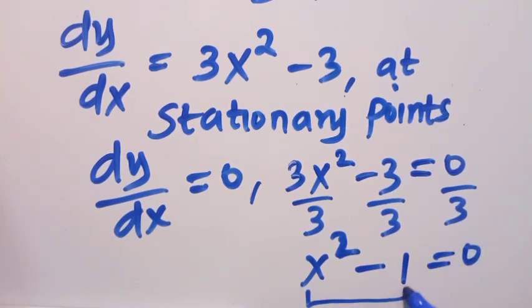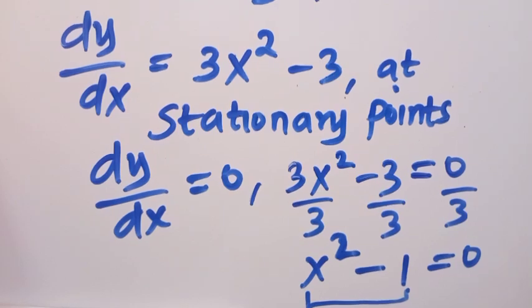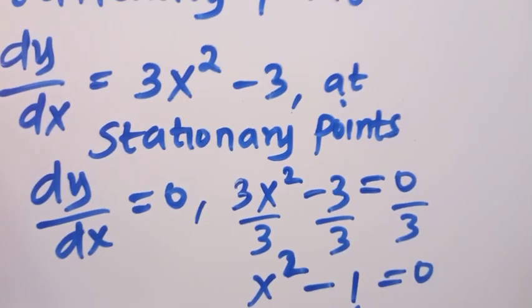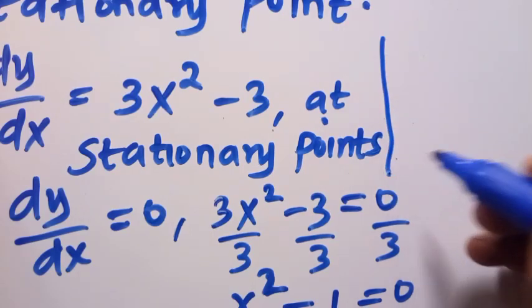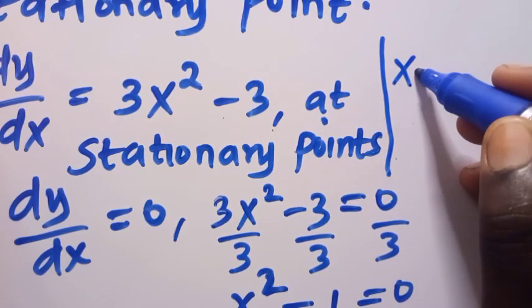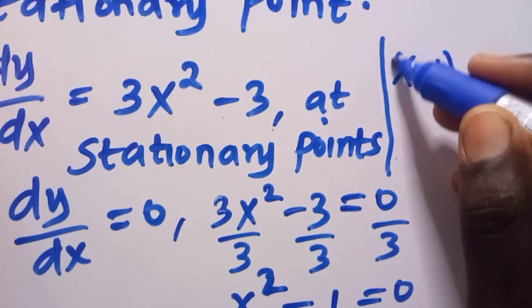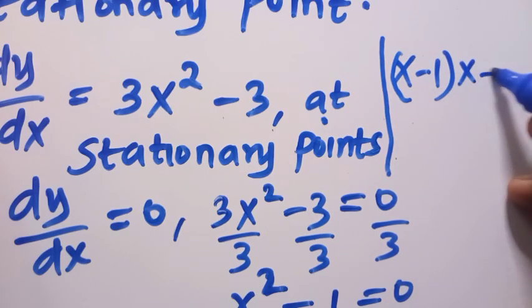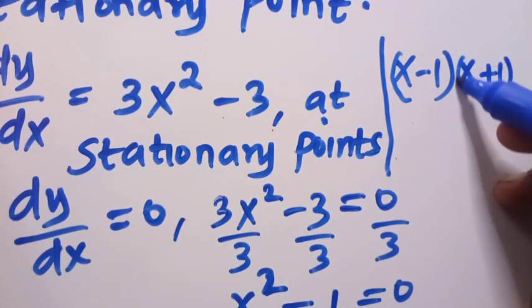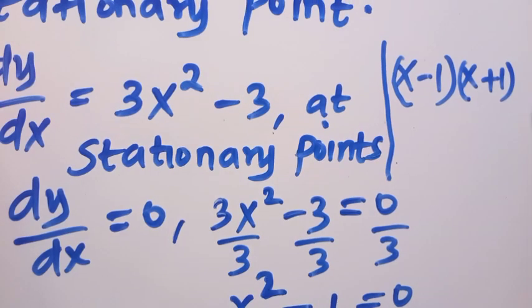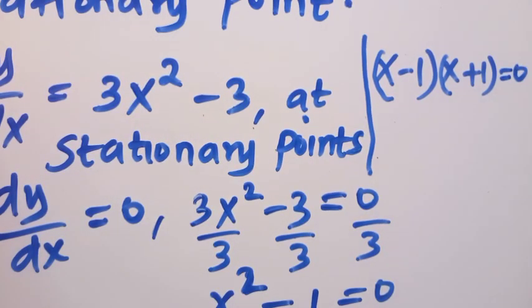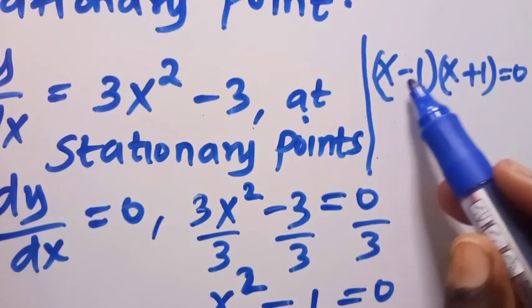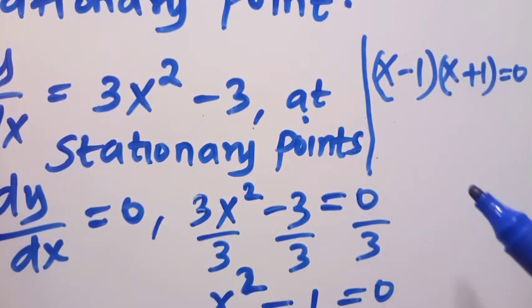Now we need to expand, that is, factorize, x squared minus 1, so that we shall have x minus 1 and x plus 1, then we equate it with 0. Because x squared minus 1 can be x minus 1 times x plus 1.